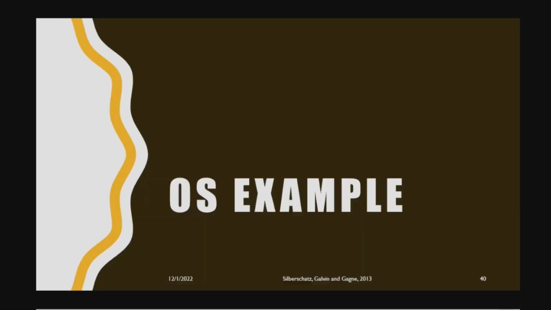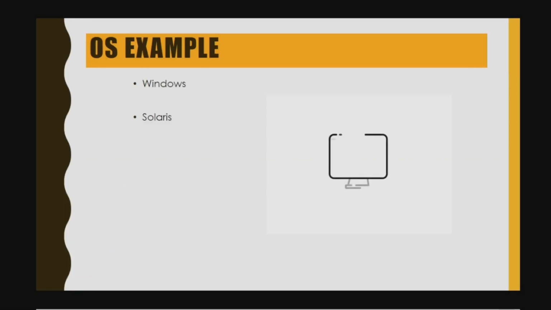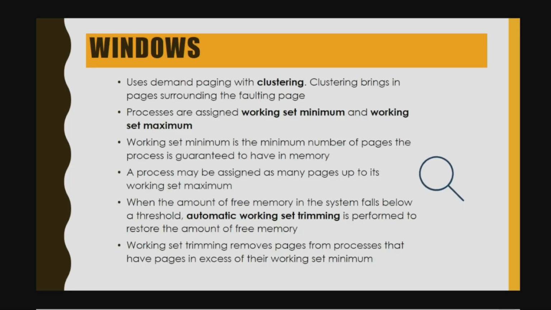The next part is about OS examples. So we have Windows and Solaris. Windows uses demand paging with clustering. Clustering brings in the pages surrounding the faulting page. Processes are assigned a working set minimum and working set maximum. The working set minimum is the minimum number of pages the process is guaranteed to have in memory.